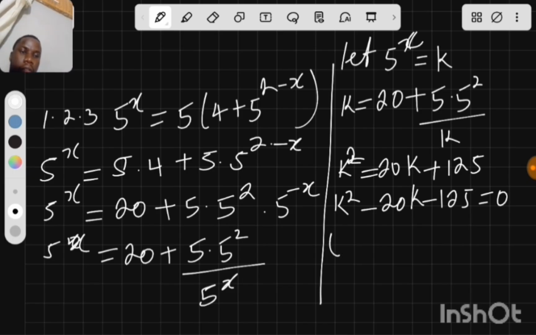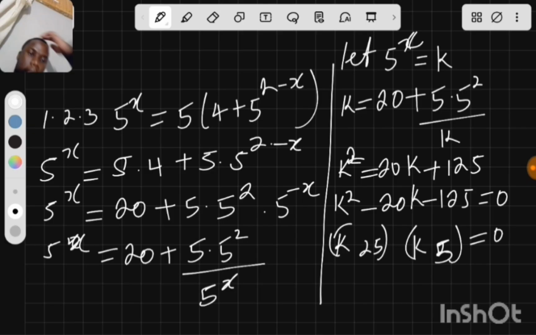Then you open 2 pairs of brackets, equal to 0. The factors of k are k and k. The factors of 125 are 25 times 5, which is 125.